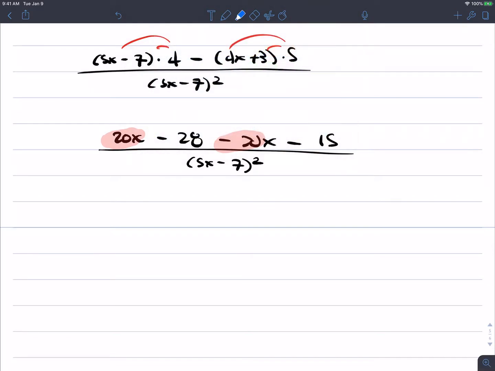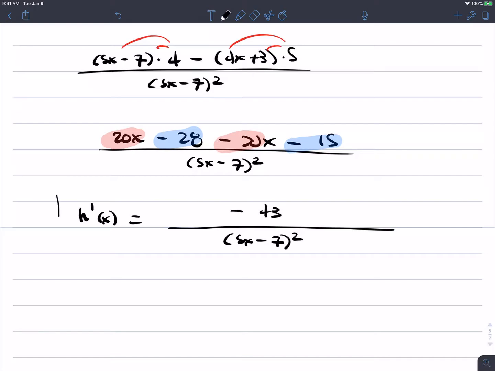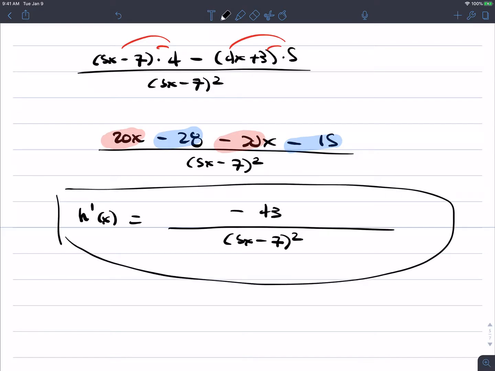And don't forget here, negative 28 minus 15, we're going to add those. So we're going to end up here with the final answer going to be, over 5x minus 7 squared, looks like it's going to be minus 43. Here you go. And that's a 5.